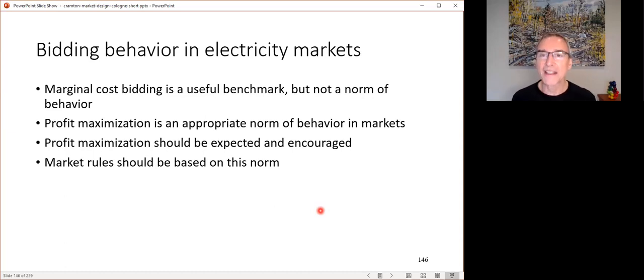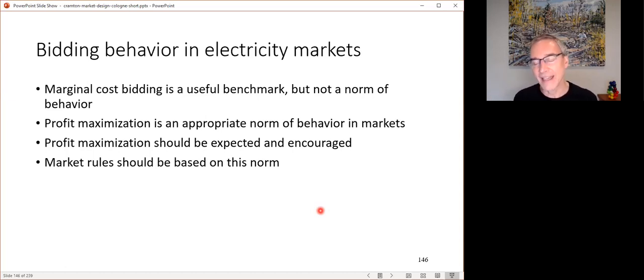That's the sort of thing that we can do, and it's very relevant for Europe, because in the United States, we have what are called nodal markets rather than a single uniform price for the entire market. We've got a price potentially at every node in the market.